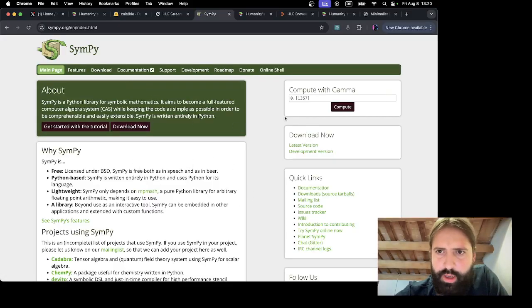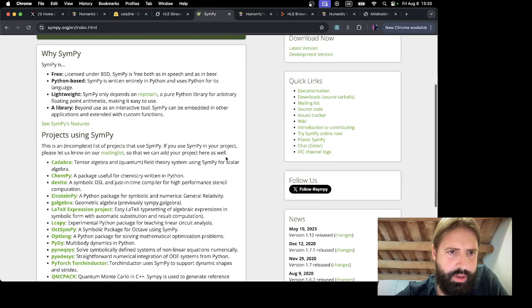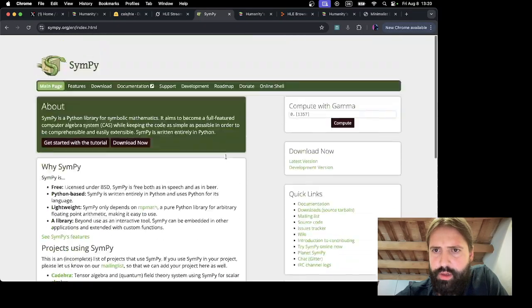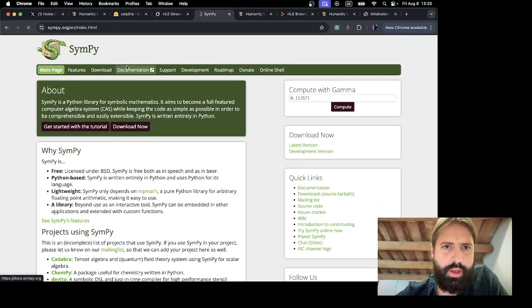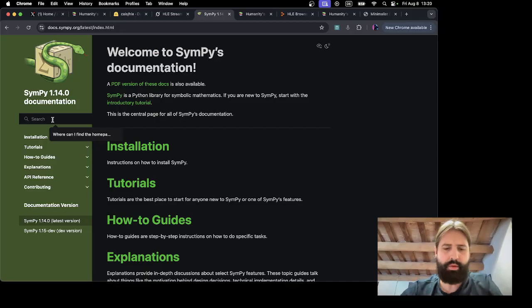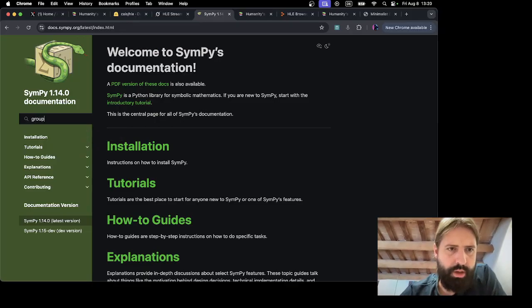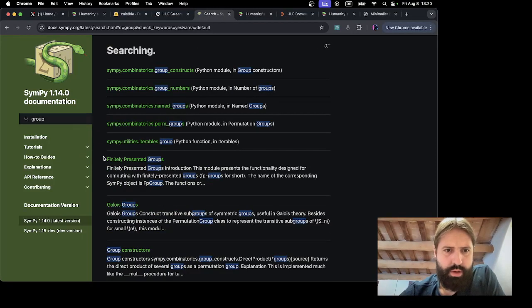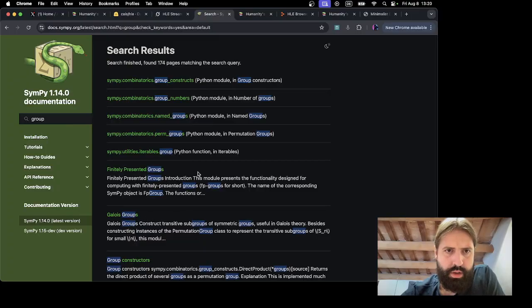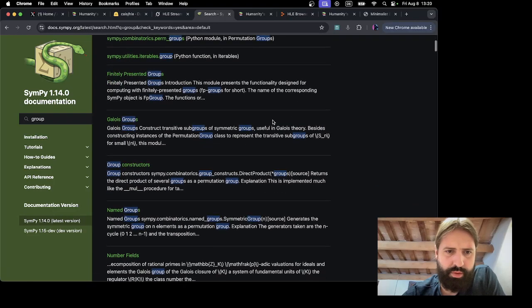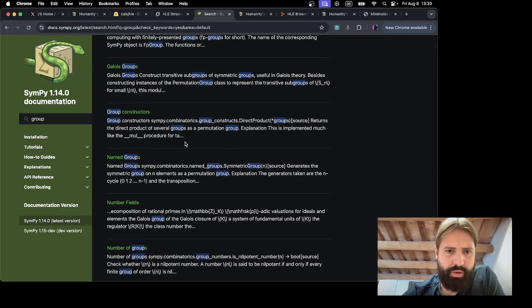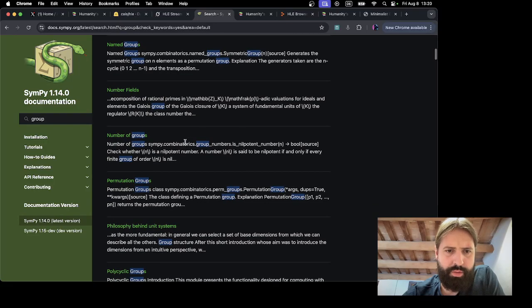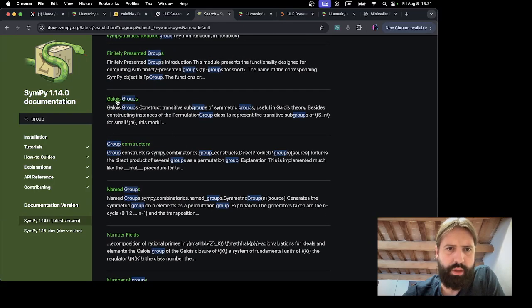So SymPy and documentation, group. Combinatorics: group constructors, number of groups, named groups, number fields, permutation groups, Galois groups.